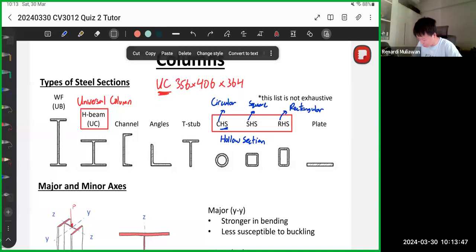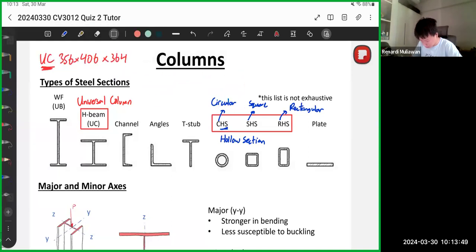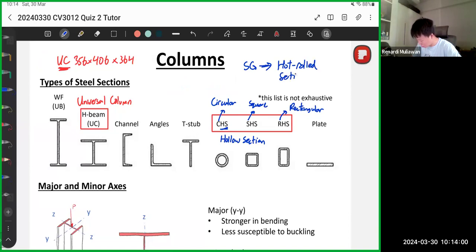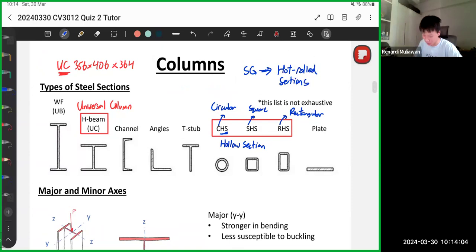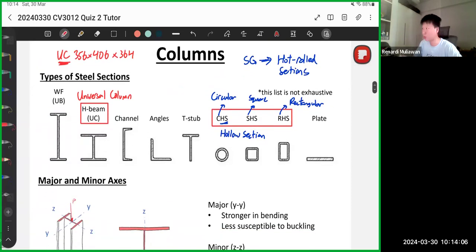Usually for Singapore, we use hot rolled sections. Hot rolled indicates the manufacturing method. So for steel, there are two kinds of manufacturing method. There's the hot roll, basically the section is crafted when it's hot.